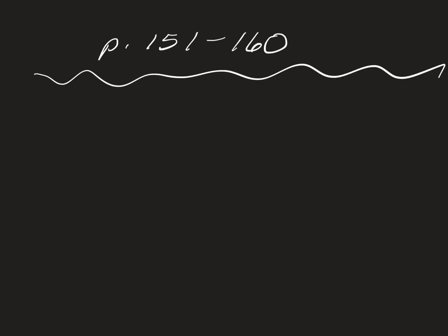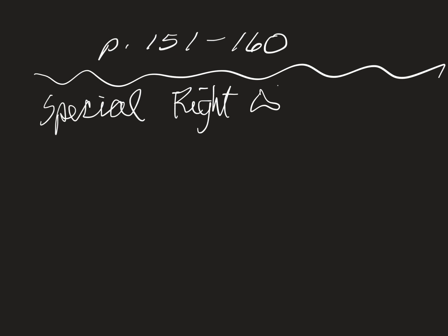Alrighty. The next thing I want to talk about is special right triangles. Do you remember what the special right triangles were from geometry class? Do you remember the measures of the angles? I'm going to try and draw them here just briefly. I'm going to draw a right triangle, and these two sides are congruent.